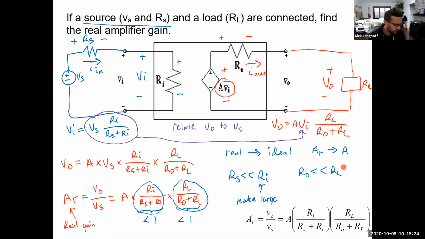Now, again, if you're designing an amplifier that's going to be working with a lot of different loads, what should you do? You want to try to make this resistance as small as possible. And in doing so, you'll make the amplifier behave like an ideal amplifier as close as possible.